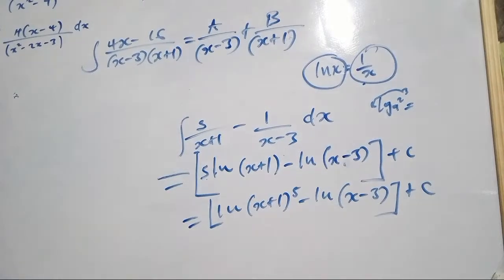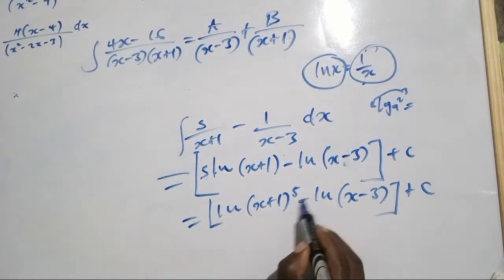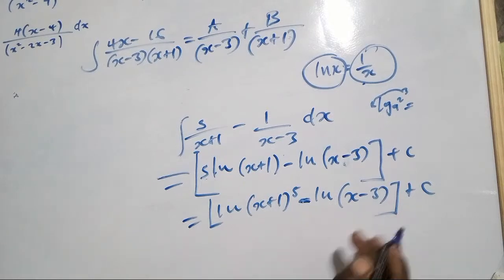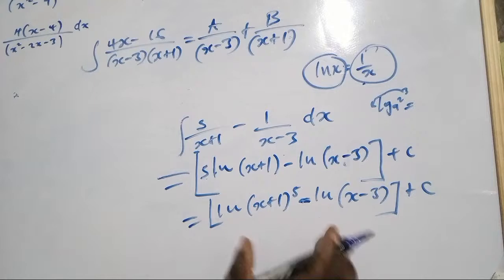Then let's make a space here. Since we're having a negative here, in logarithm, whenever you're having a negative, that means you're dividing, right?